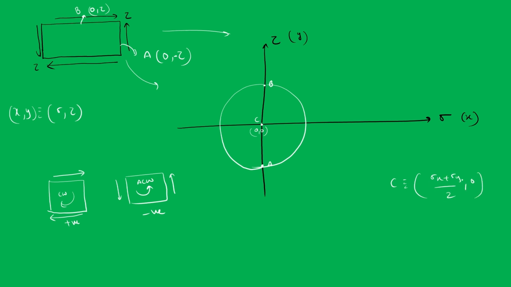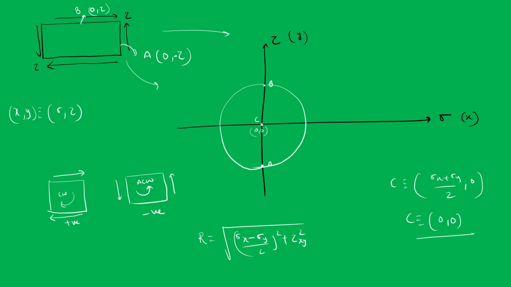Sigma x is 0, sigma y is 0, so the center will be 0 comma 0. Now the radius is the square root of sigma x minus sigma y by 2, whole square, plus tau xy whole square.